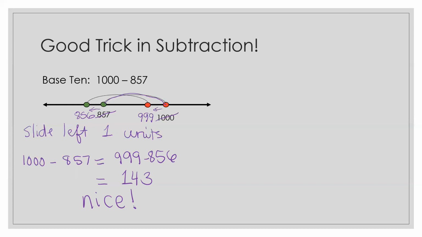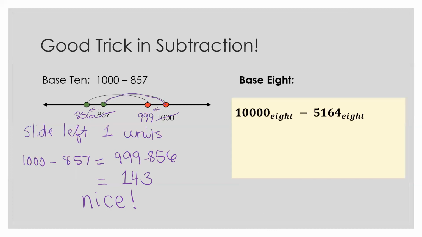Okay, now it turns out that this method works in other bases as well. Suppose you are in base 8 and you have this problem. Oh boy, that's a bunch of zeros there. That's looking pretty nasty. So let's try to get away from having to regroup several times. Okay, so we are sliding left, but slide left 1 unit.